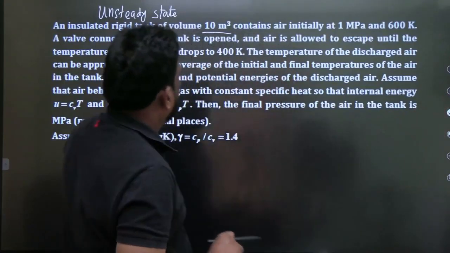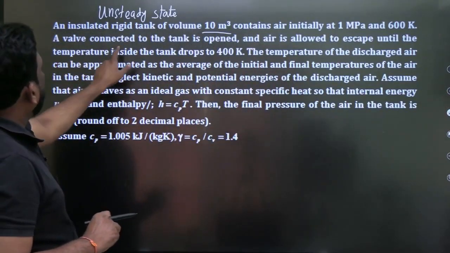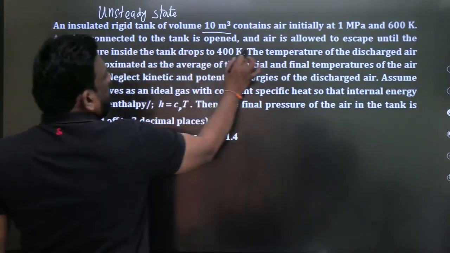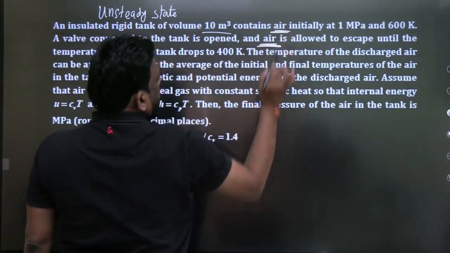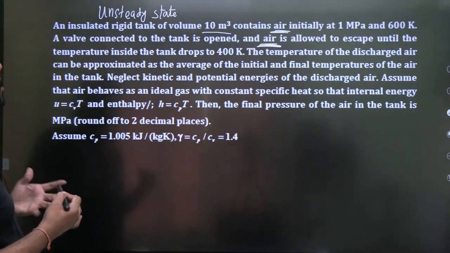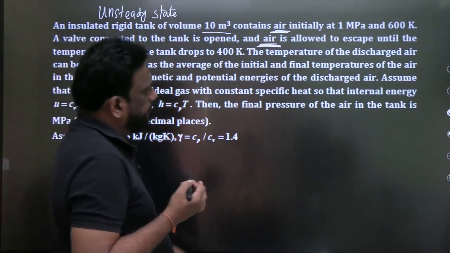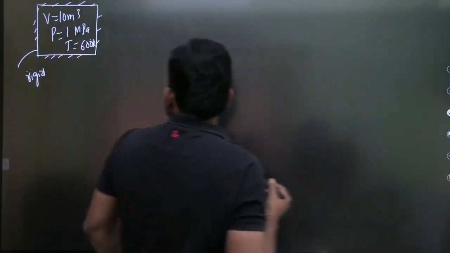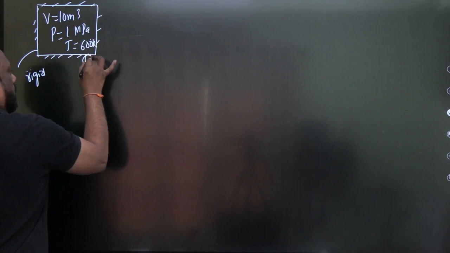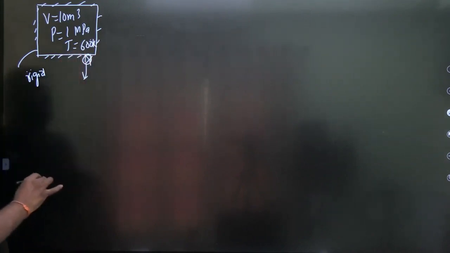Now, what is he saying? It's a very good question. A valve connected to the tank is opened and it is air. Please note down, it is air. It is allowed to escape until the temperature inside the tank drops to 400. Actually there is a small valve here, through which air is allowed to escape.